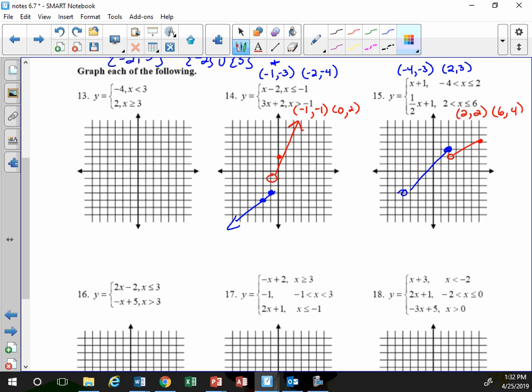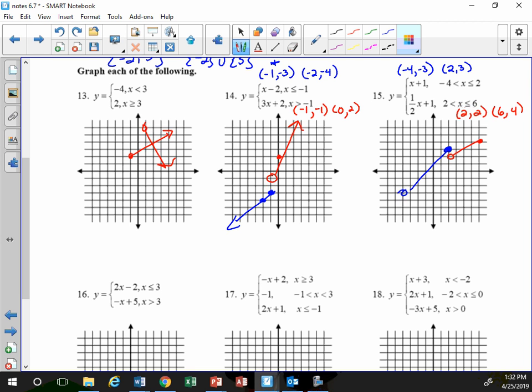Something to pay attention to. When you get done with your graph, do you notice how these are functions? They aren't crossing each other. They're not both going the same direction. That's something to look for. If you finish graphing piecewise and you have something that is like here and here, you messed up, okay?